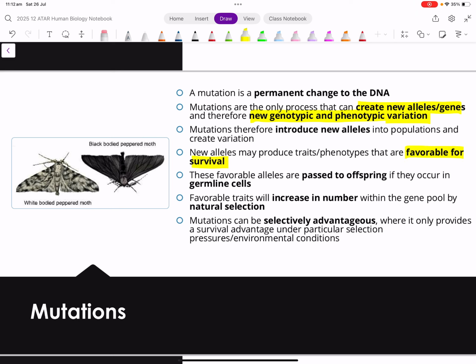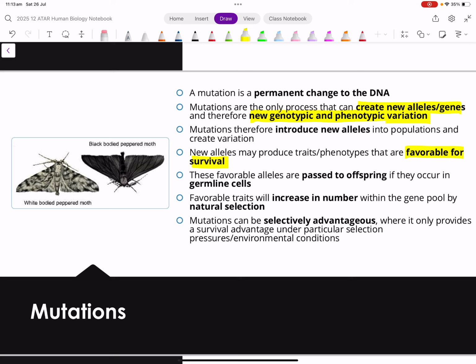particular species. So for instance, over on the left here, we have the white-bodied and the black-bodied peppered moth. During the Industrial Revolution, when trees were covered with soot, the black-bodied peppered moth had a survival advantage because it was no longer as easily seen as the white-bodied peppered moth.